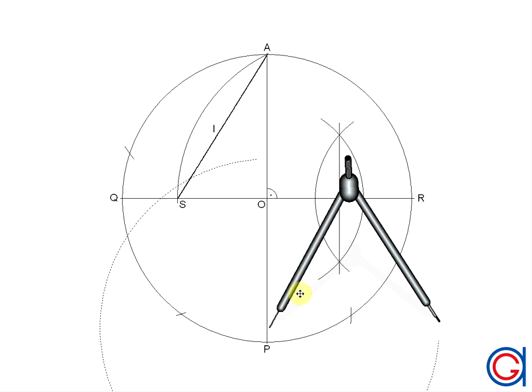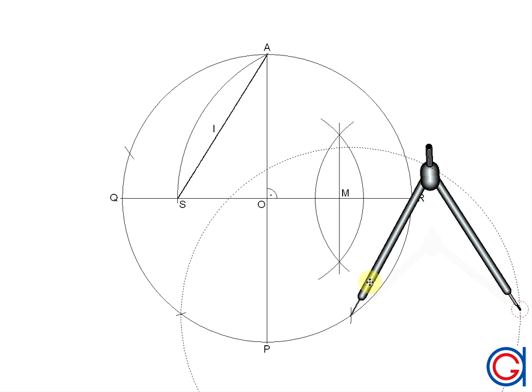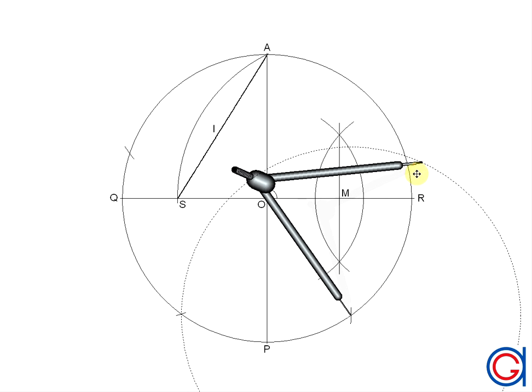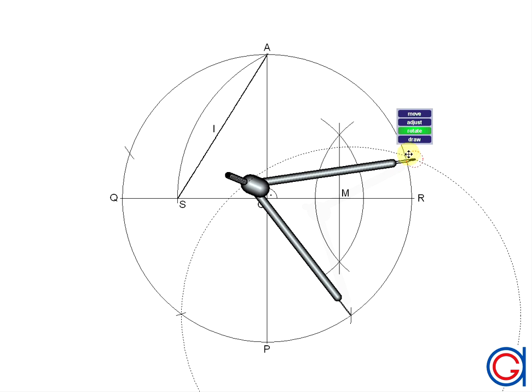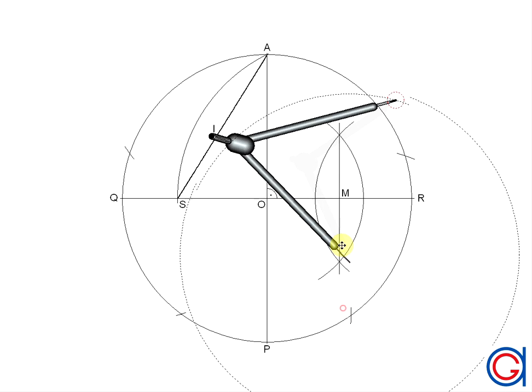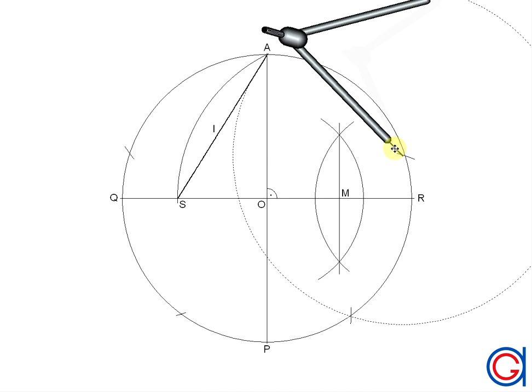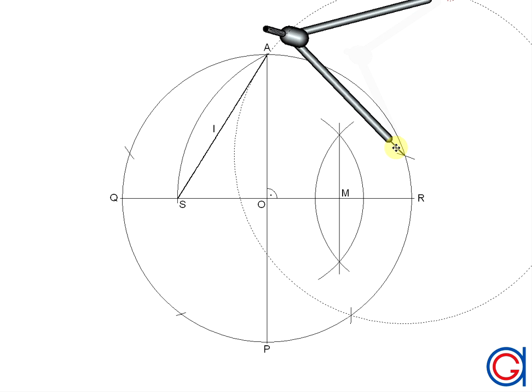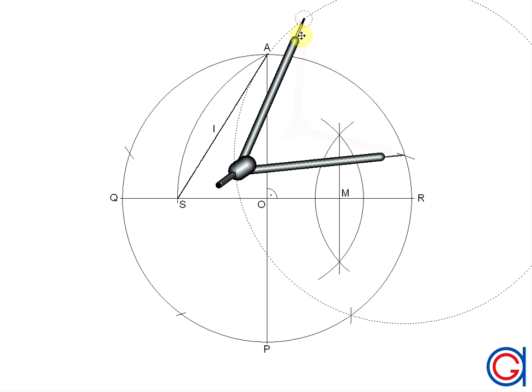And again, setting our compass on point 4, we scribe our next point. And finally, if we are doing everything with precision and accuracy, our final arc should cut exactly on point A, as can be seen here in the video.